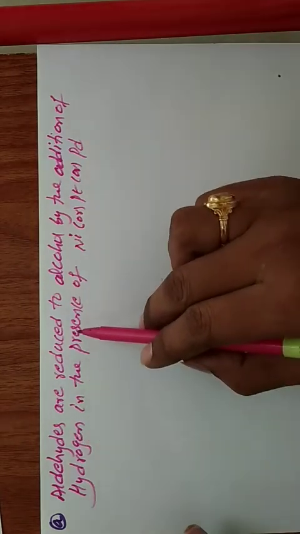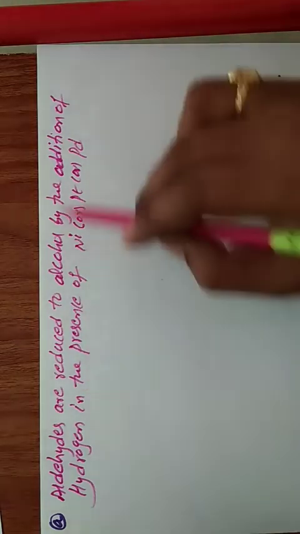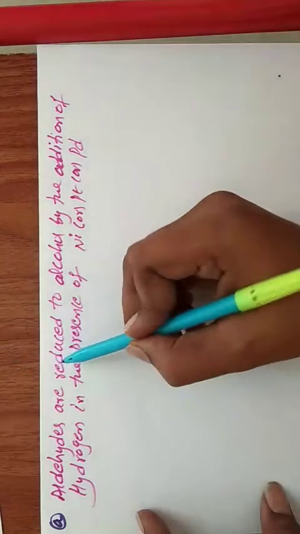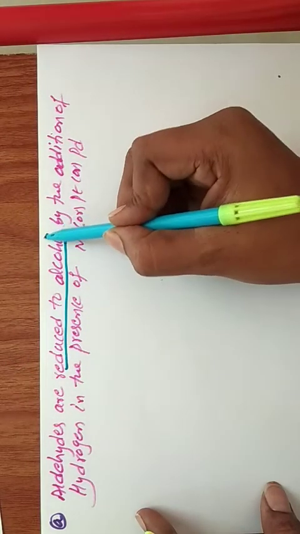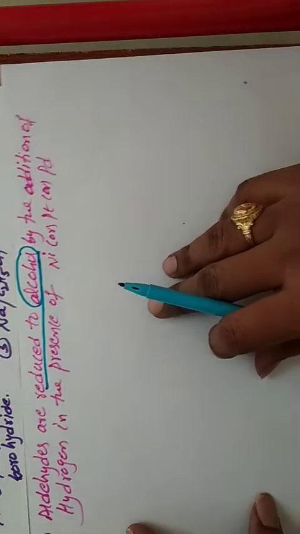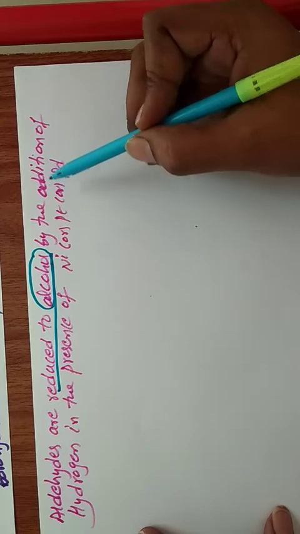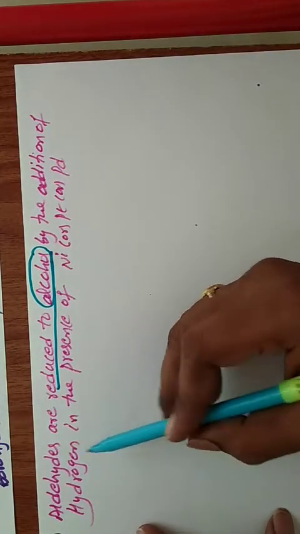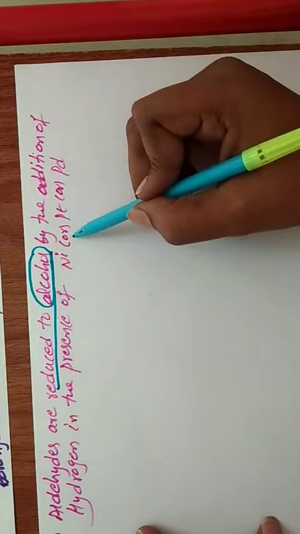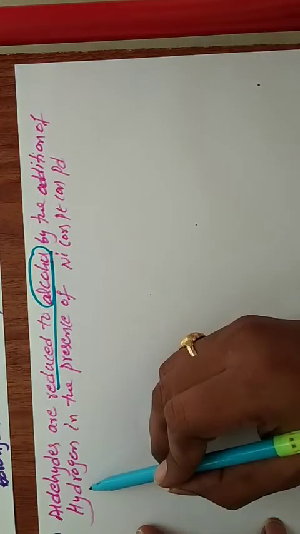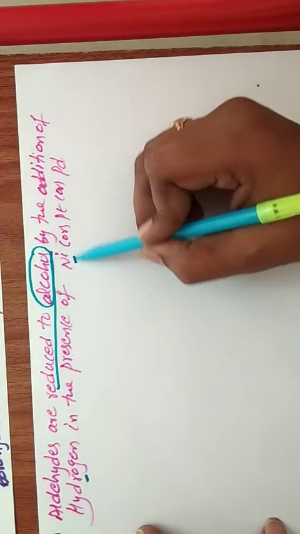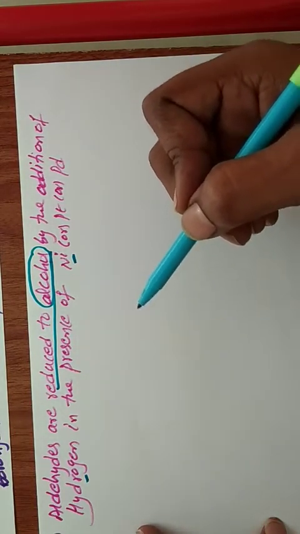So aldehydes are reduced to alcohol. That means alcohol is the product. So alcohol is formed by the addition of hydrogen. We add hydrogen in the presence of nickel, platinum, palladium. So hydrogen and nickel act as the reducing agent.